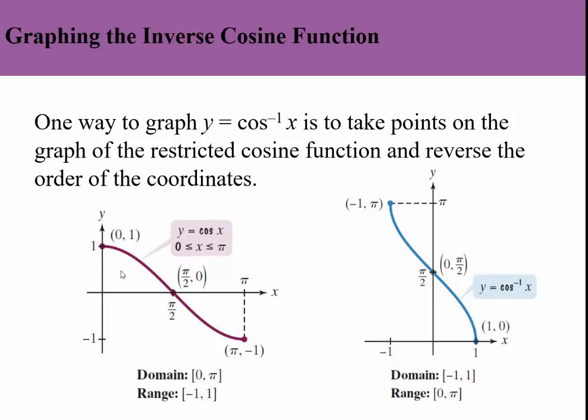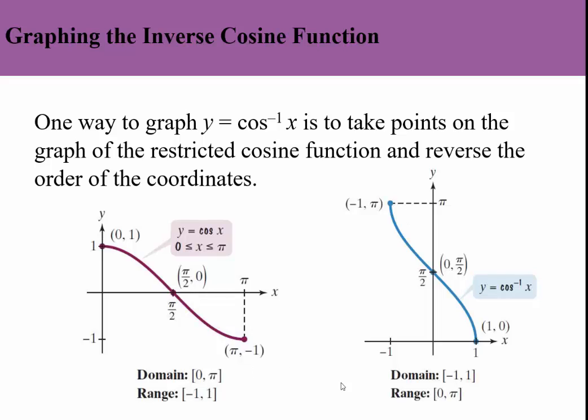So again, if you wanted to just take this part of the curve that is 1-to-1 and passes the horizontal and vertical line test, notice we could take the points (0, 1), (pi over 2, 0), and (pi, -1) here, and we can just interchange the x and y values, and here is what the inverse cosine looks like.